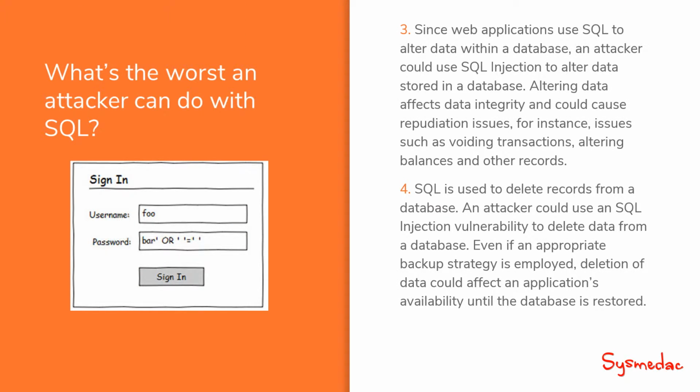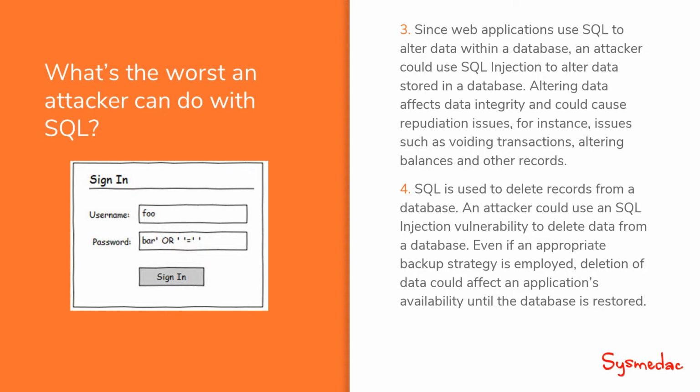Since the web application uses SQL to alter your data, an attacker could use an SQL injection method to alter the stored data, creating a reputation issue, for instance, voiding transactions or altering balances and other records. And the next one is, SQL is used to delete records from the database, which is a common process.